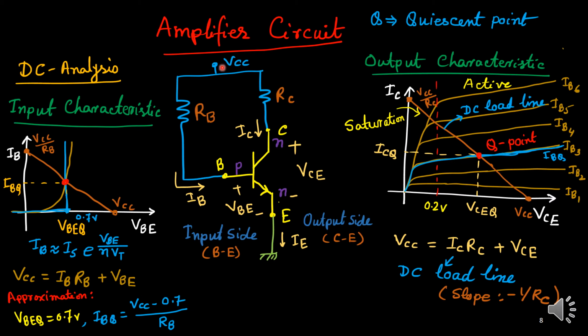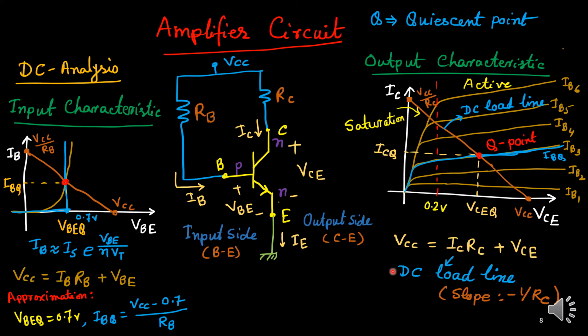The supply voltage VCC equals the drop across RC plus the potential VCE across the collector and emitter. So VCC equals IC times RC plus VCE.